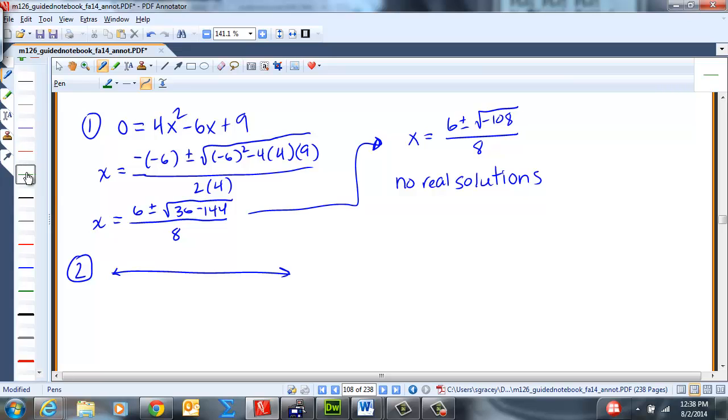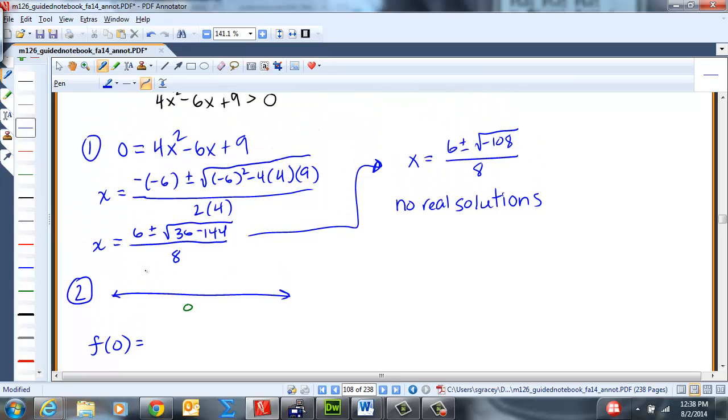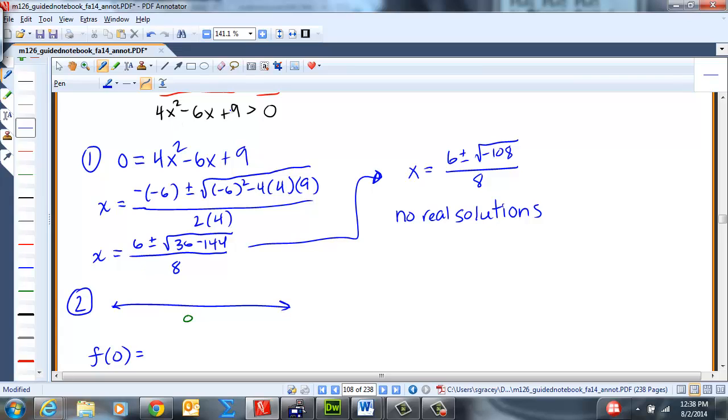So you just pick a test value. So why don't we pick 0, right? So we only have to test one number this time, and that number we just picked is 0. So f at 0 is, so what was our original function? It was f at x is 4x squared minus 6x plus 9.